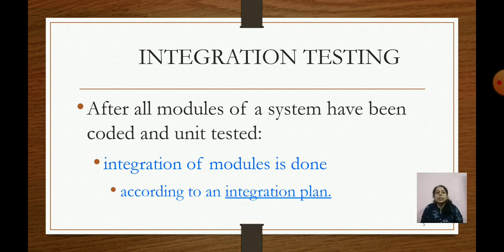Means integration of all modules at once is not possible. We have to integrate the modules in a planned method. There are different methods to integrate the modules. You have to integrate the modules in a planned manner.